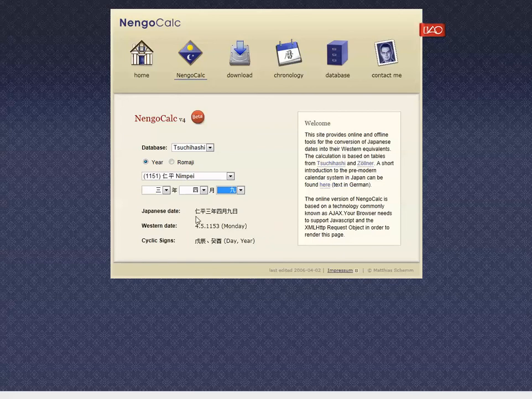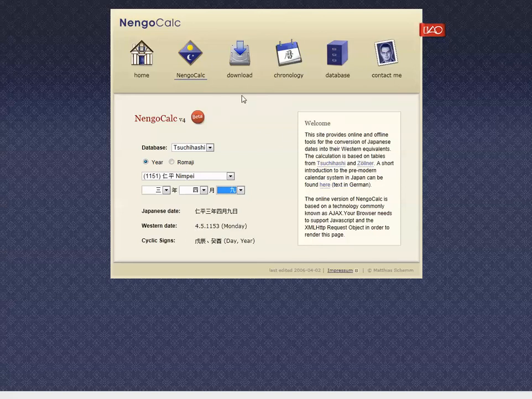When I do that, it repeats for me what the Japanese date is that I've input here, and then it tells me that that date in the Western calendar was the year 1153, and here you might think, oh, that's April 5th, but actually it's May 4th, because this is done according to European style.